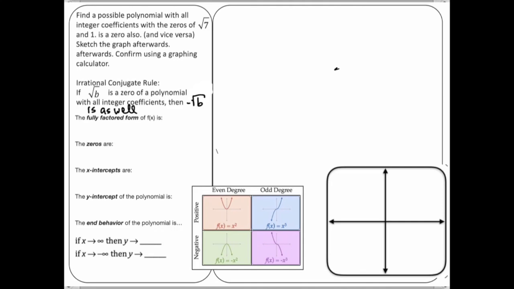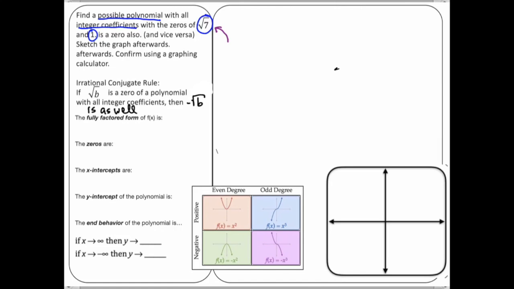So basically, what we're looking at is the same type of problem. We got this possible polynomial, integer coefficients, and the zeros of the square root of 7 and 1. Now what's different is that we have a zero that is going to be an irrational number, and we want integer coefficients. So that basically means, how is this going to work out?